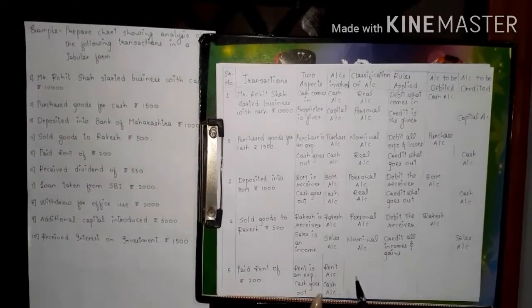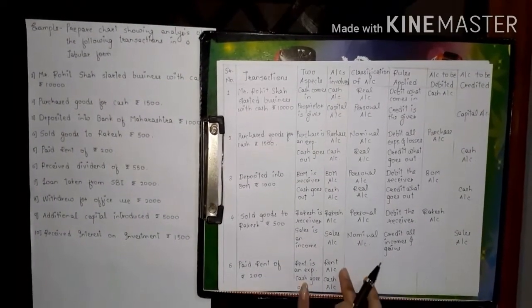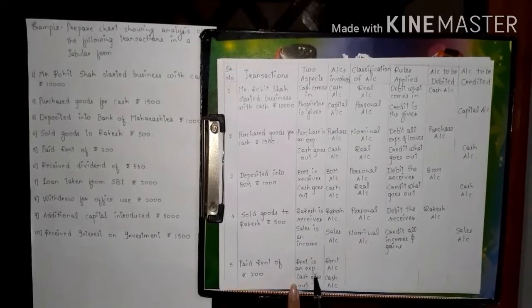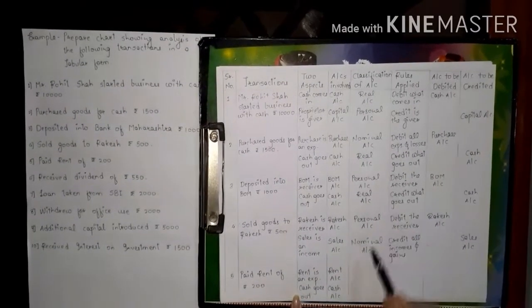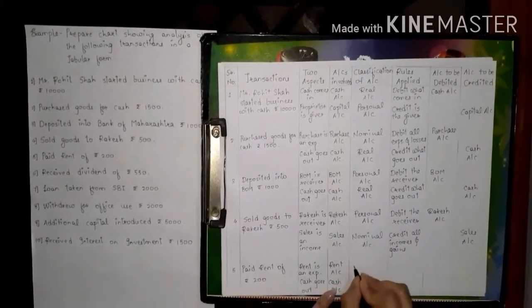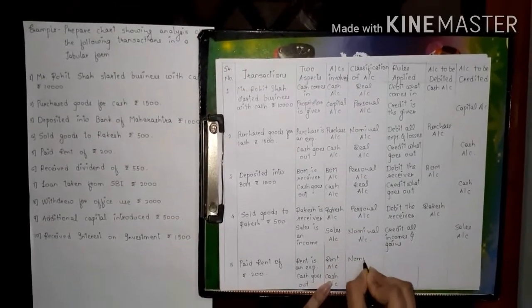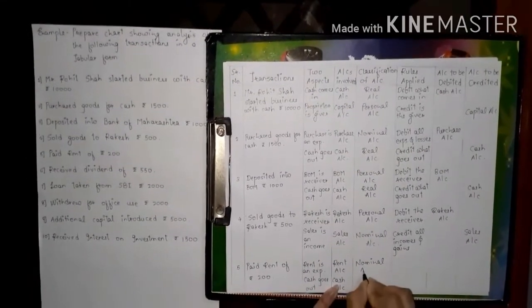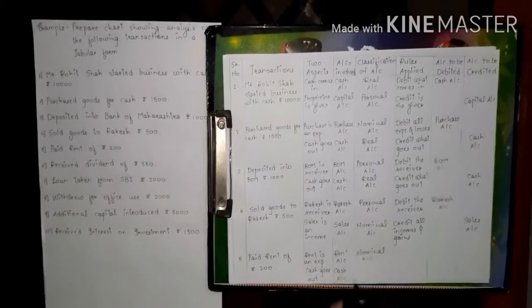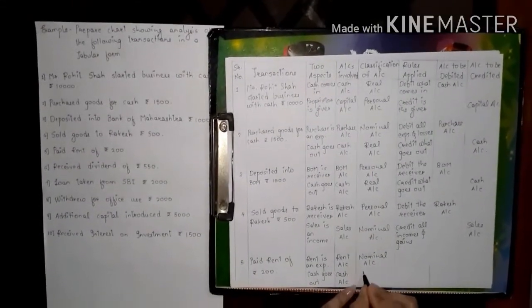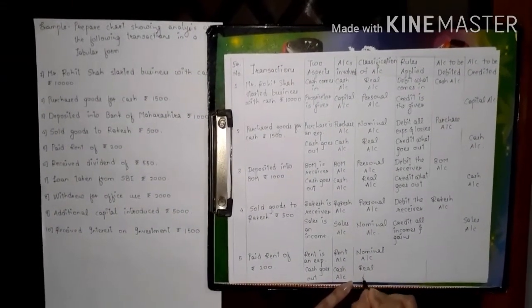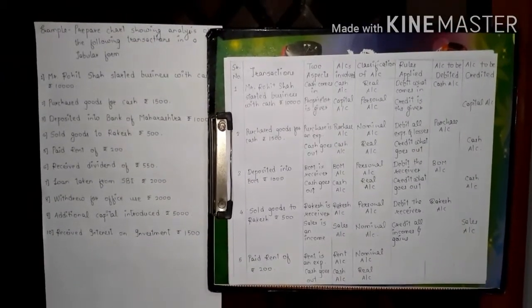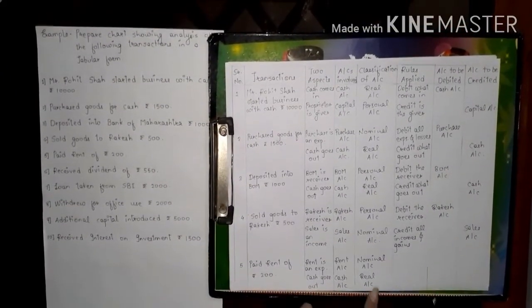Rent account is going to be our nominal account because this is our expense. We have already seen this in the previous transactions. So nominal account, this is going to be our expense. And cash, always real account. This is our asset that is going out for paying the rent.